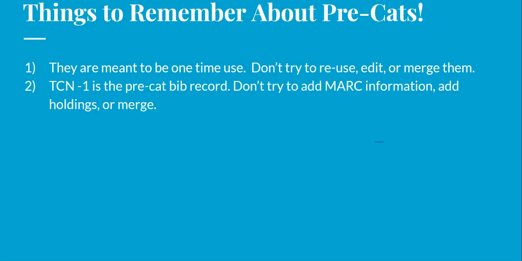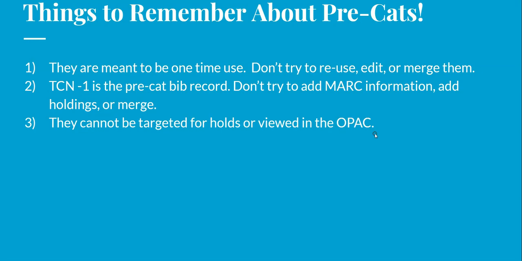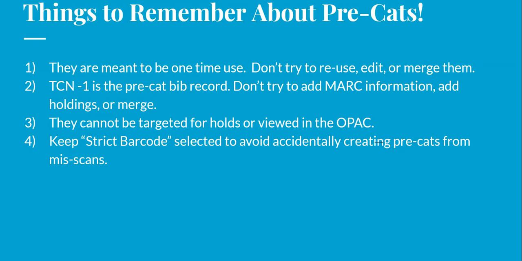The TCN -1 is the pre-cat bib record. Don't try to add MARC information, add holdings, place holds, or merge that. Pre-cats can't be targeted for holds or viewed in the OPAC. And if you want to avoid accidentally creating pre-cats from misscans, keep your strict barcode selected.